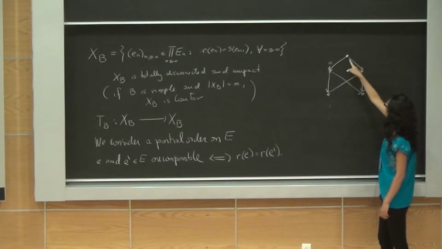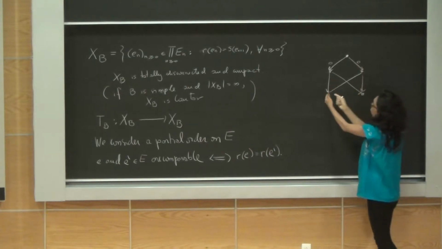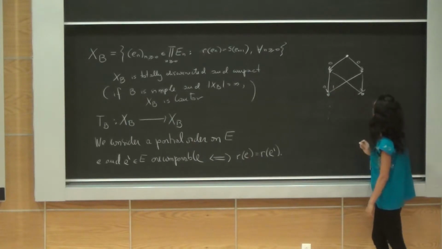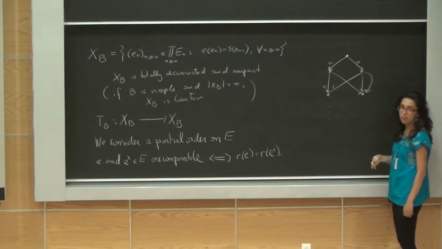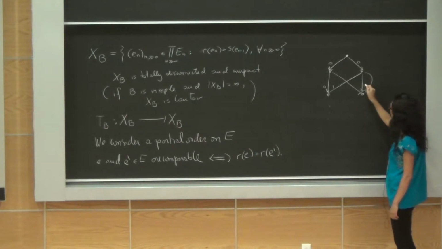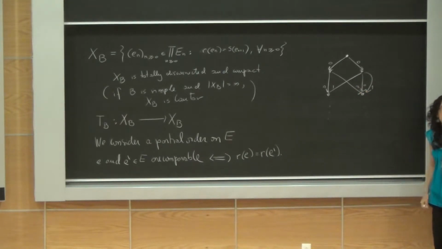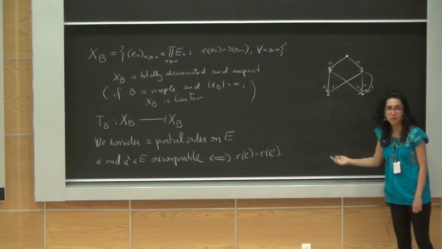Here I have just one edge arriving to this vertex, this is maximal and minimal. Here I have two, so I can say this is the minimal, this is the maximal. Here, for example, I have three, and I can say this is the minimal, this is the successor, and this is the maximal. This is the way to define an order. And when we have this, we say that the diagram is ordered.